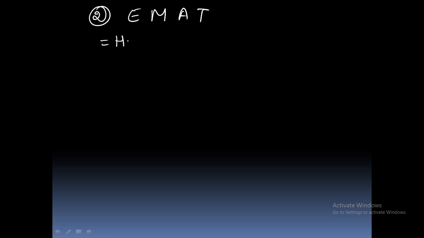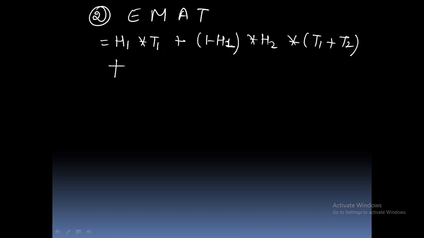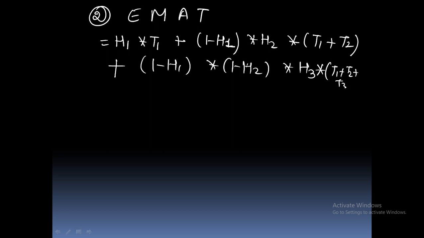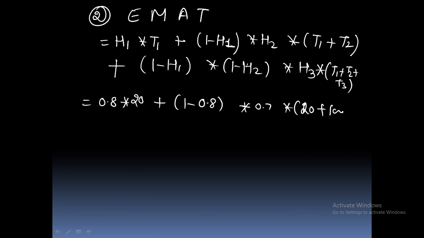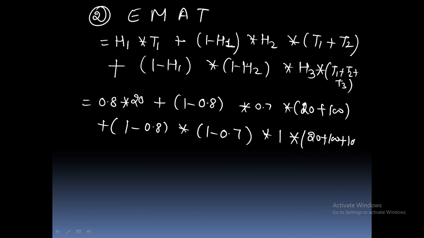In this method we will use formula H1 multiply T1 plus (1 minus H1) multiply H2 multiply T1 plus T2, then plus 1 minus H1 multiply 1 minus H2 multiply H3 multiply T1 plus T2 plus T3. 0.8 multiply T1 is given 20 plus 1 minus 0.8 multiply 0.7 multiply T1 is given 20 plus T2 is given 100. 1 minus 0.8 multiply 1 minus 0.7 multiply 1 multiply 20 plus 100 plus 10,000.